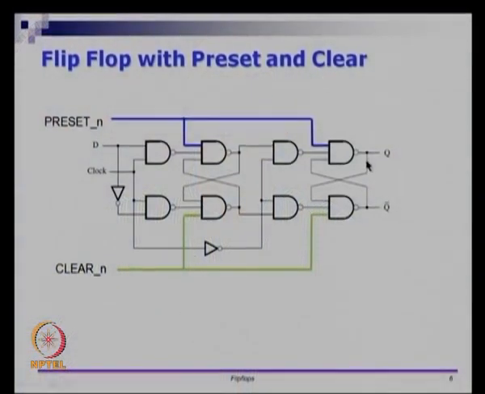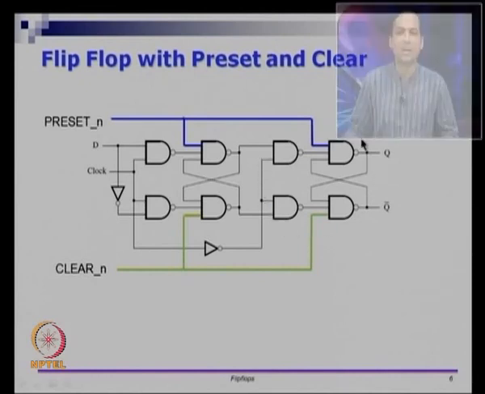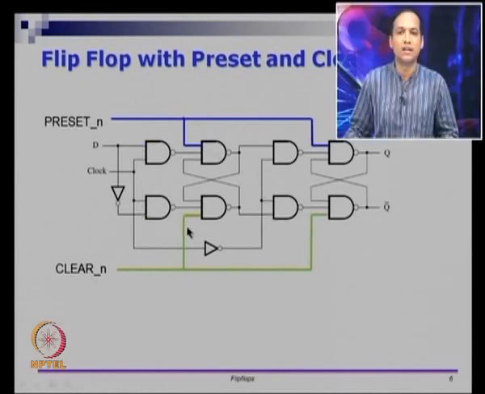If you notice, this part is the slave latch and this part is the master latch. So, forget the blue lines and the green lines for now. This is a cross coupled SR latch, and you put two gates before that and a common signal that is driving both.